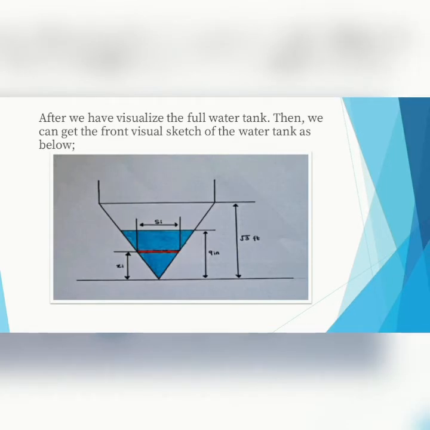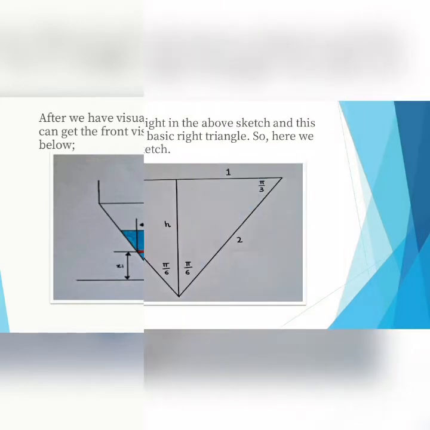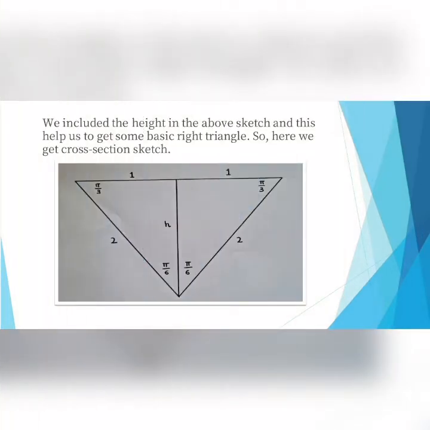After we have visualized the full water tank, we can get the front visual sketch of the water tank as below. We included the height in the above sketch, and this helped us to get some basic right triangles. So here we get the cross-section sketch.